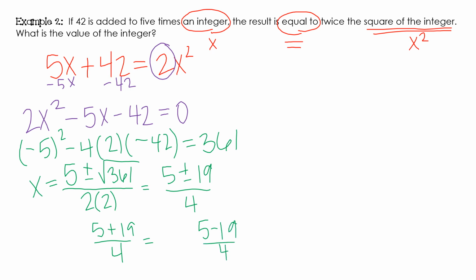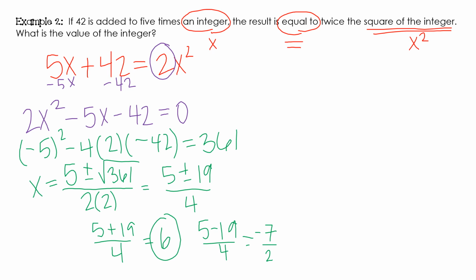You can use the fraction button in Desmos to help you. This one you should be able to maybe just do off of the top of your head. One of the answers will be a decimal and one of the answers will be an integer. So this one gives me 6. So that's going to be my answer. This one would give me -7/2.